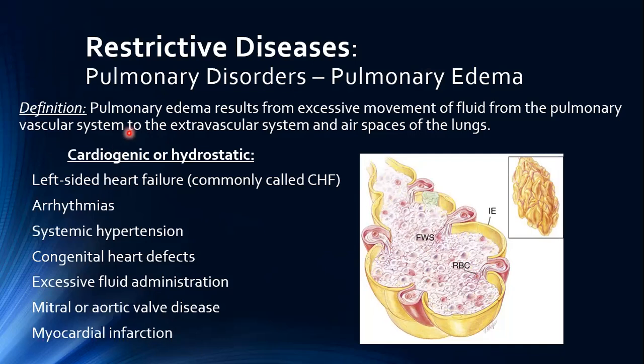All right, so pulmonary edema results from excessive movement of fluid from the pulmonary vascular system to the extravascular system and the air spaces of the lungs. So those pulmonary veins, right? The pulmonary veins take oxygenated blood back to the left side of the heart. Well, if we have left-sided heart problems or heart problems in general, that can cause a backup, right?